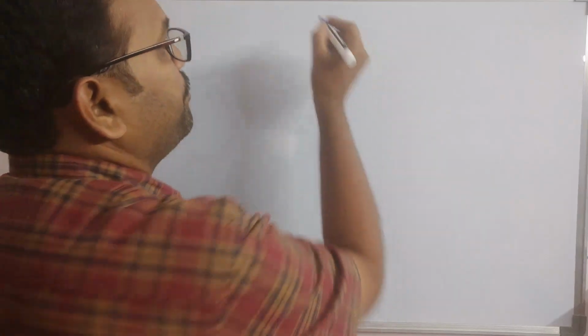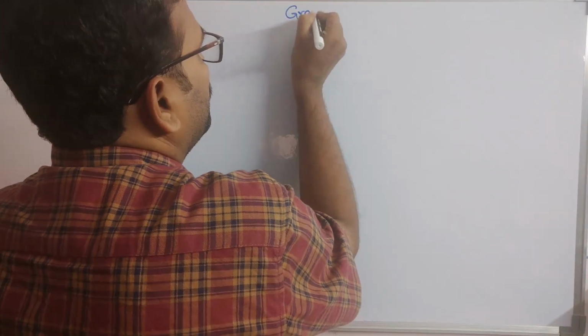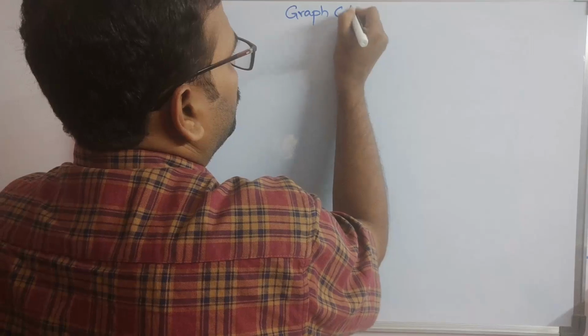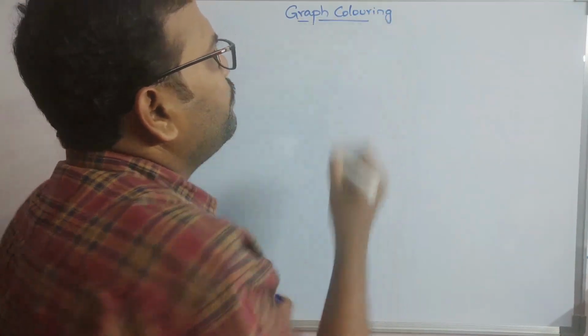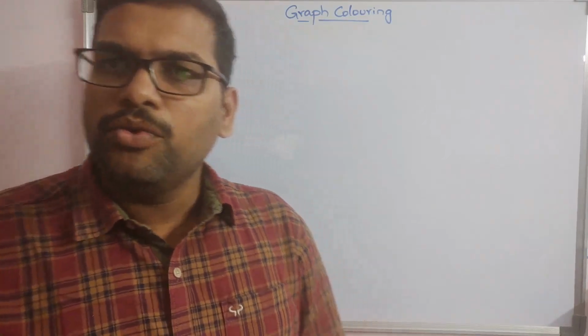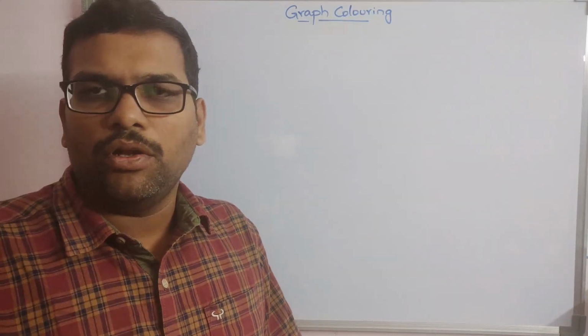So today we'll see one more application in backtracking, that is the graph coloring problem. And we'll solve this graph coloring problem using a backtracking methodology.